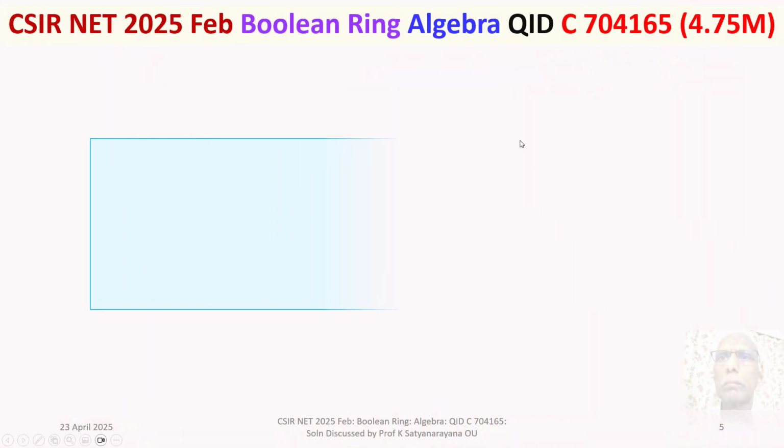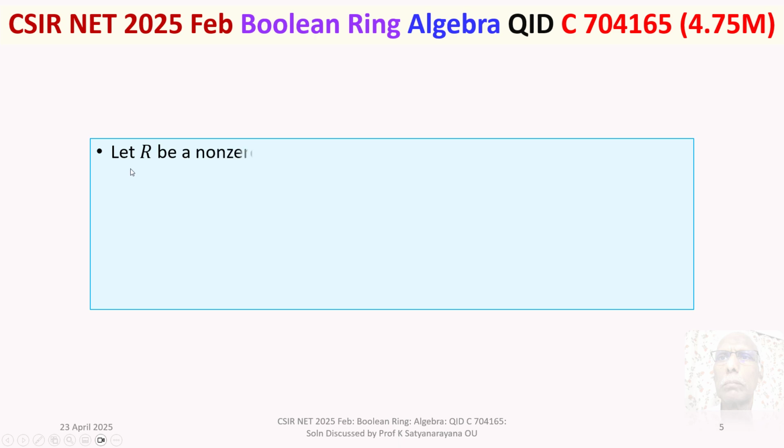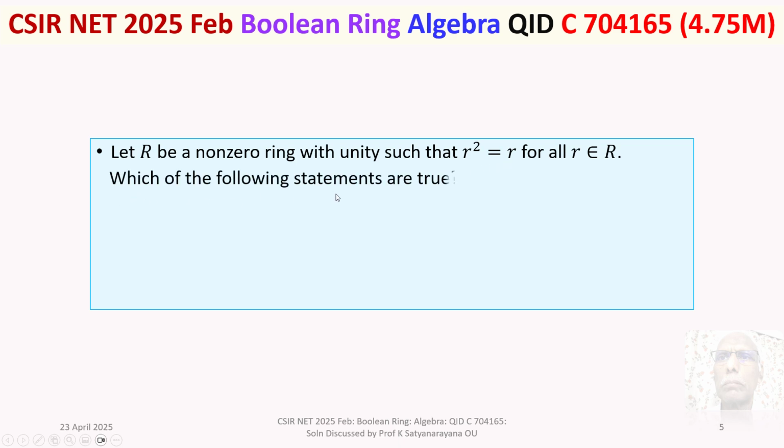Right. The given question is, let R be a non-zero ring with unity such that r squared is equal to r for all r belongs to R. That means each element of this ring R is idempotent. Which of the following statements are true?